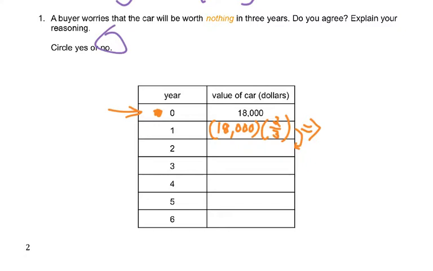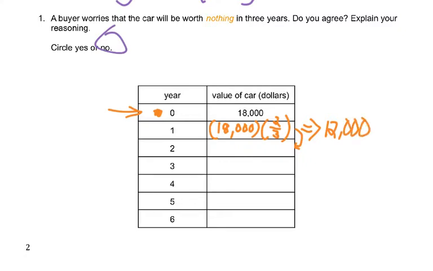So what do I plug into the calculator? 18,000. Then I'm going to use parentheses and go 2 divided by 3. Close my parentheses because that's 2/3. And when I do that, I get $12,000.